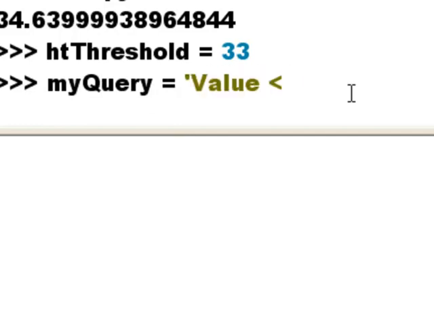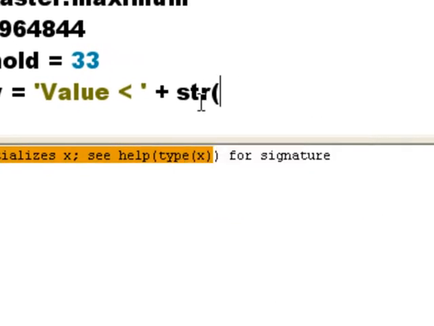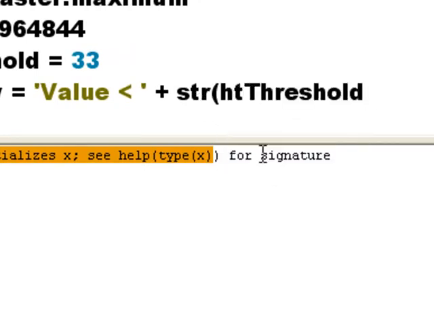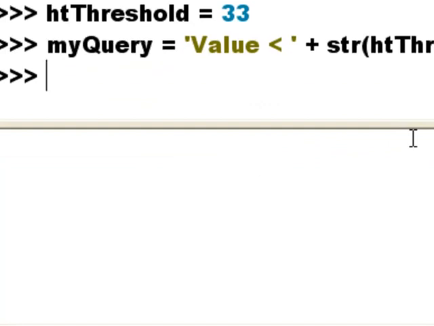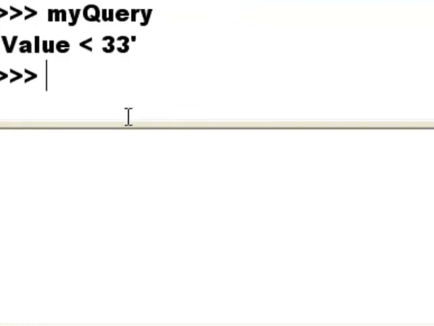So value less than, and then we're going to take that height threshold and convert it to a string. So if we look at my query, it now contains that string.